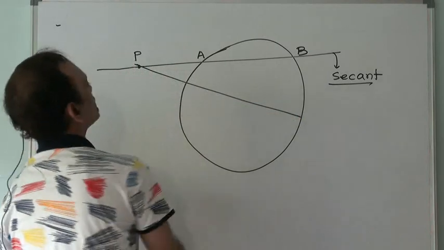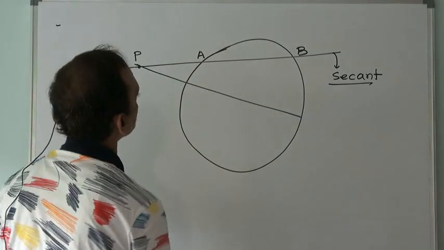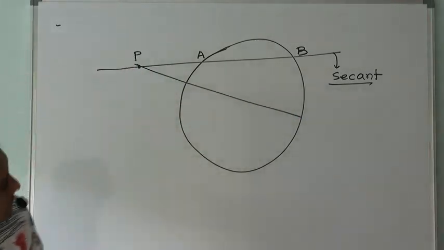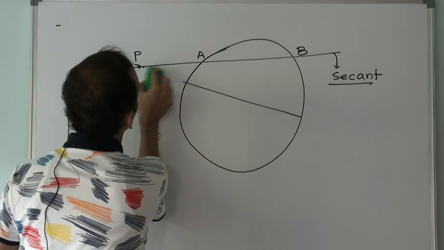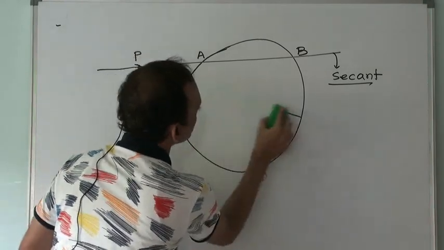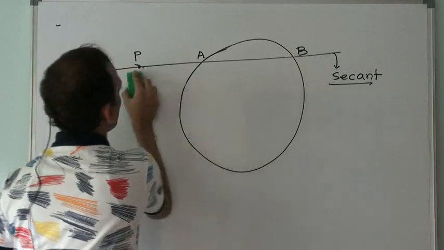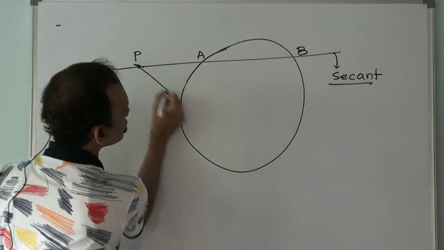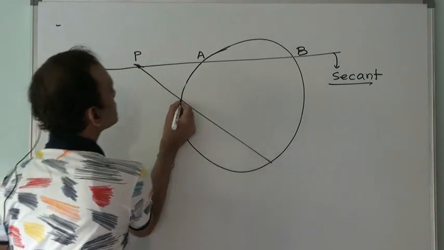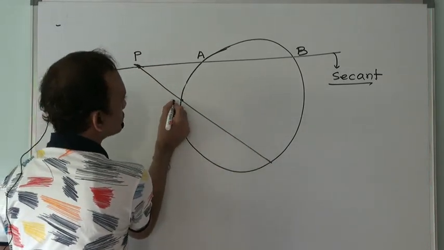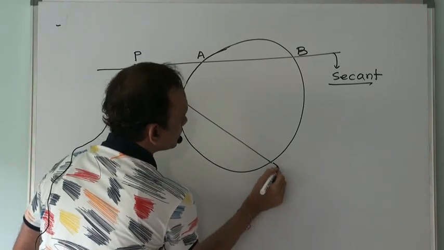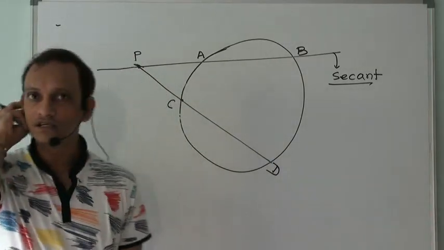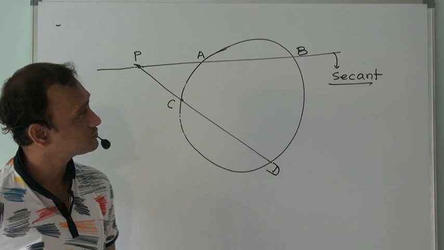So let's say this is another secant drawn from P to the circle. Just to create more room, let me draw them spaced further apart so that we have more working space. Say this is another secant drawn from P to the circle. Call it PCD, yet another secant drawn to the circle.